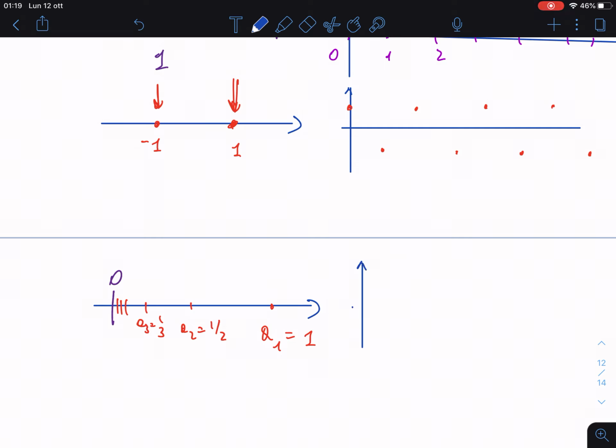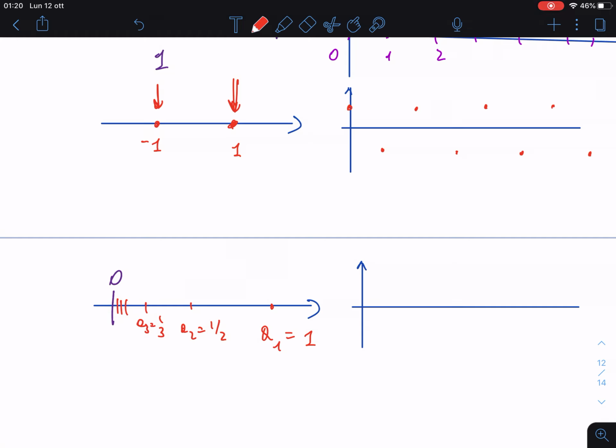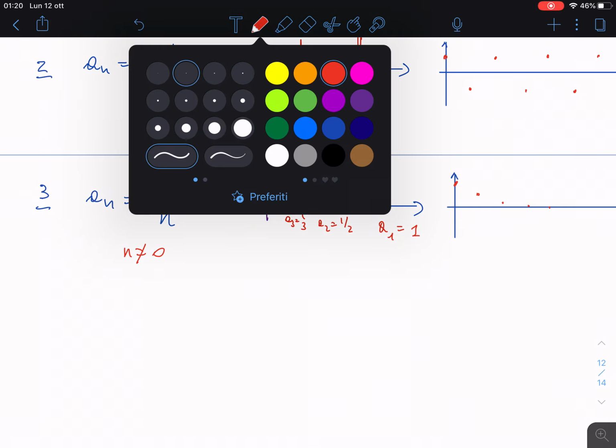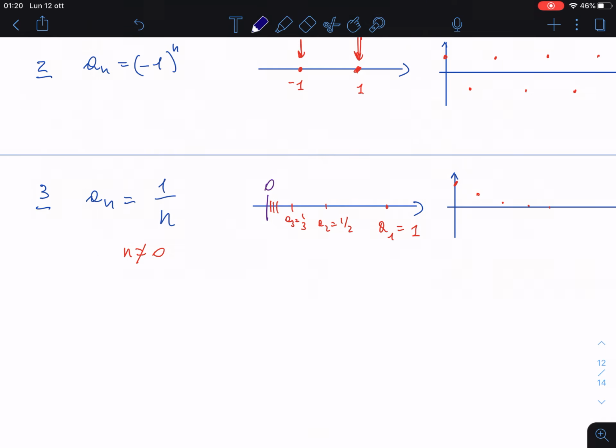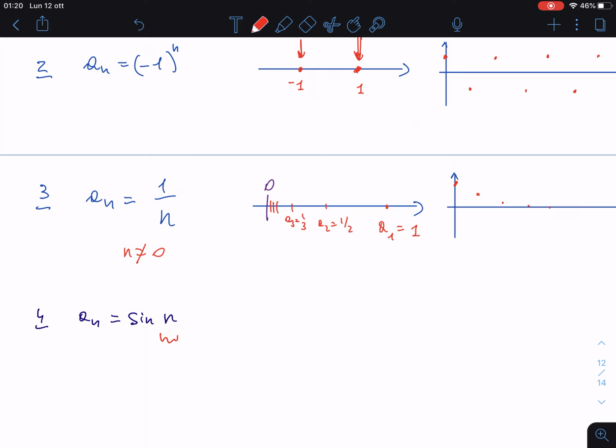Because here we have 1, 1/2, 1/3, 1/4, and so on and so on. And the last I want to propose to you is the following: a_n is equal to sine of n, and let me stress that n here are radians, not degrees.